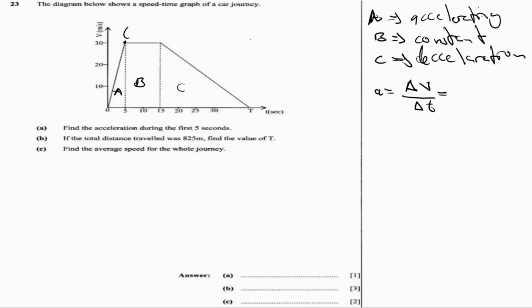The coordinates there are 5 and 30, and we have 0, 0.